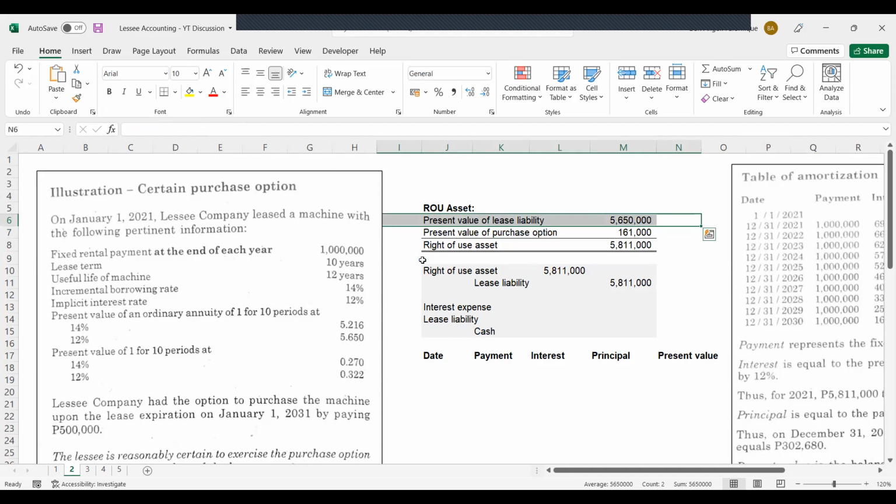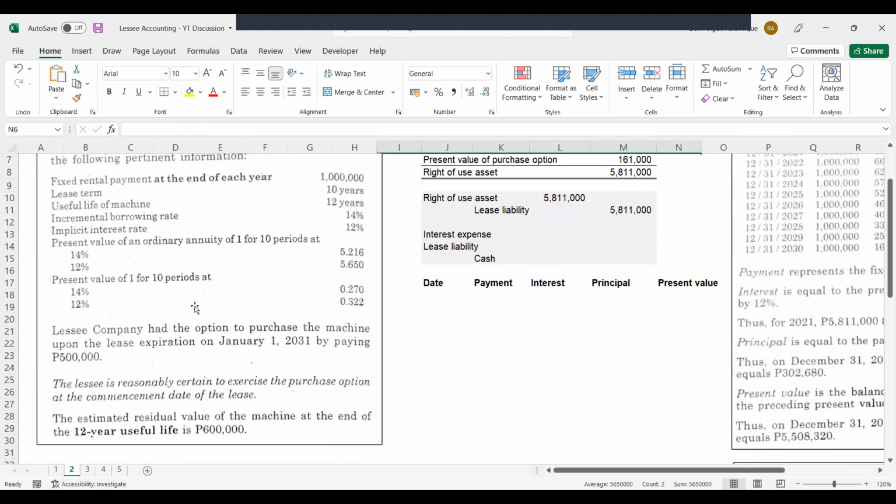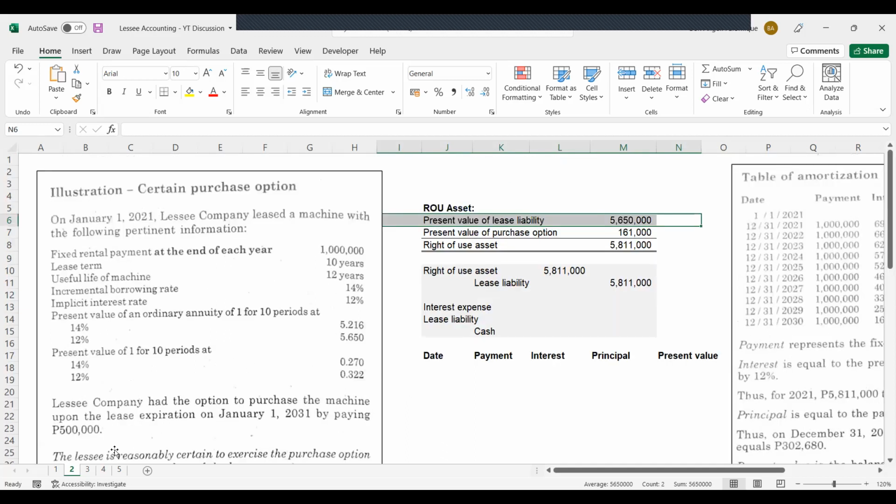Pero if merong purchase option, we need to add the present value of it. Kasi sabi dito, reasonably certain na gagamitin natin. Ibig sabihin, at the end of the lease term of 10 years, magbabayad tayo ng 500,000. So we need to obtain the present value of 500,000. So to obtain it, we need to multiply it with the present value factor.